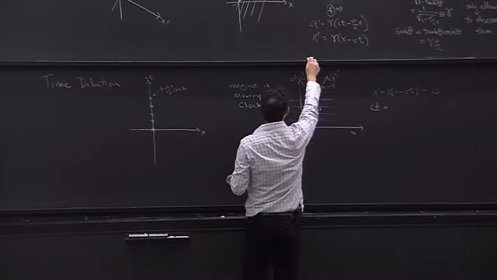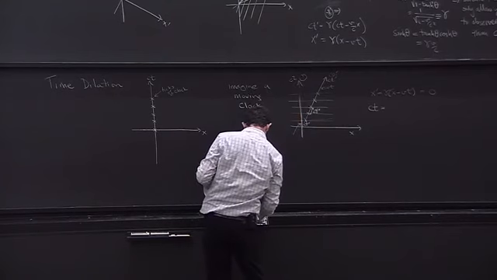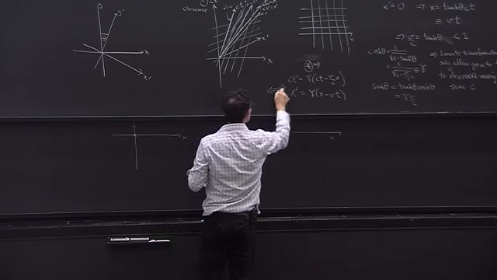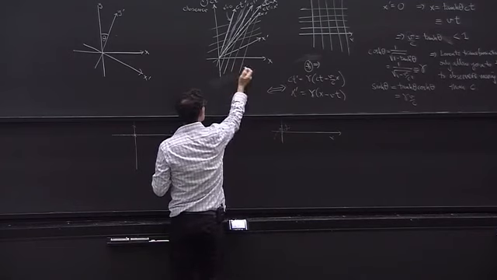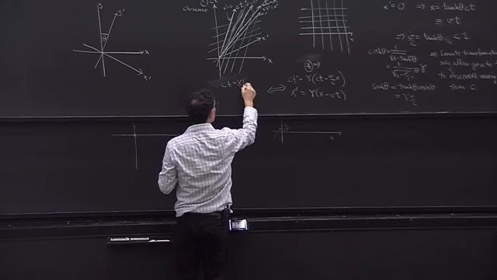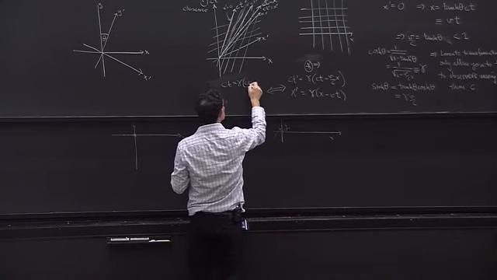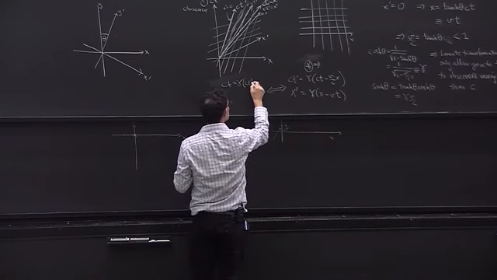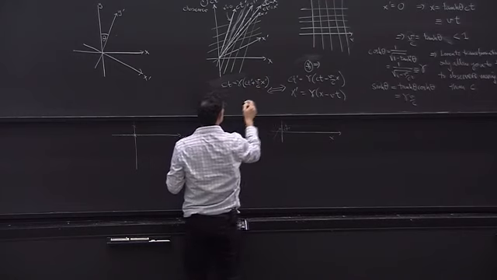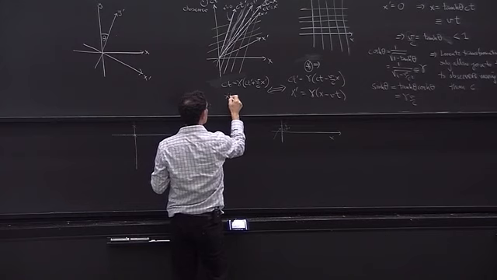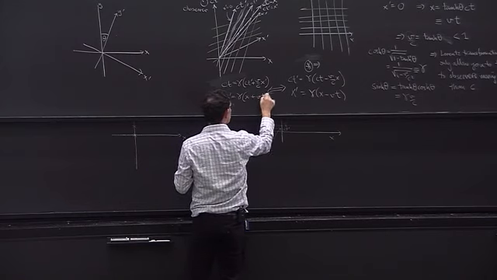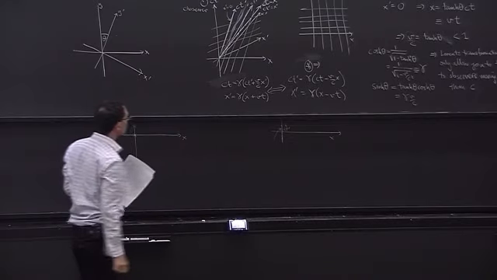So x prime is 0, and what about t prime? Now I can express t, or ct. I should have written out the inverse of this. These imply that ct is gamma (ct prime plus V over c x prime), and x prime is gamma (x minus Vt).